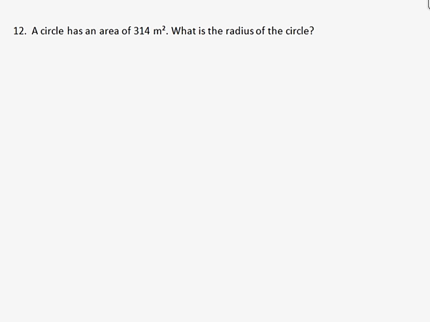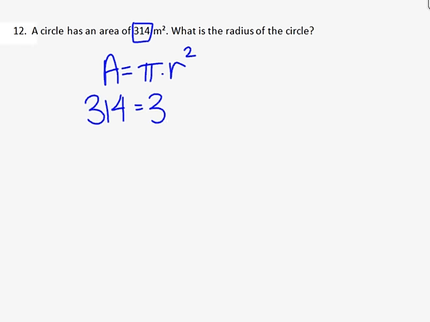Okay, similar idea for number 12. We're doing area of a circle. So start with formula. Area is pi multiplied by radius squared. And then we'll substitute in everything that we know. So area is 314. Pi is 3.14. And we don't know what the radius is yet, so we'll just leave it as radius squared.